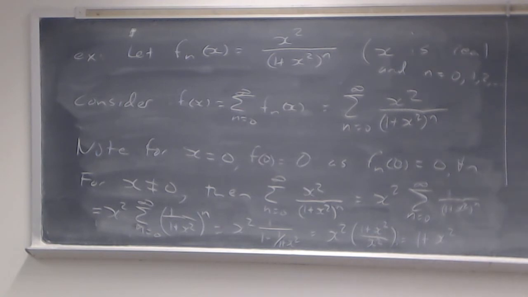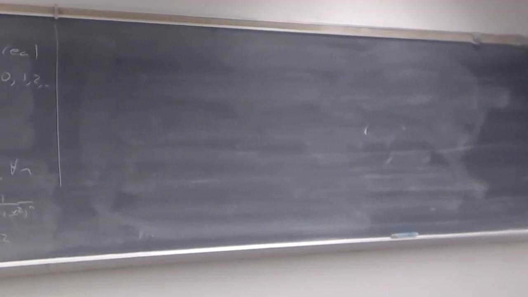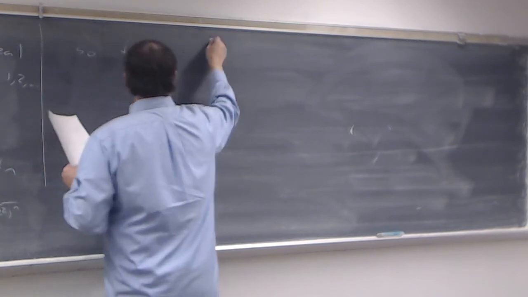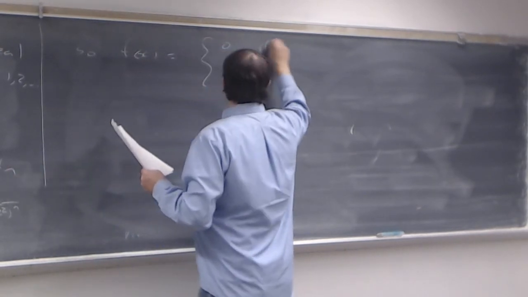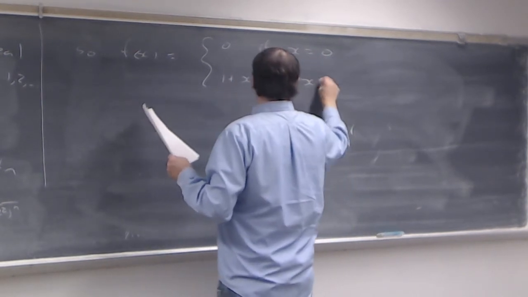Let me summarize this as the limit function, the sum function. The sum function is f of x equal to 0 if x equals 0, and 1 plus x squared if x is different from 0.